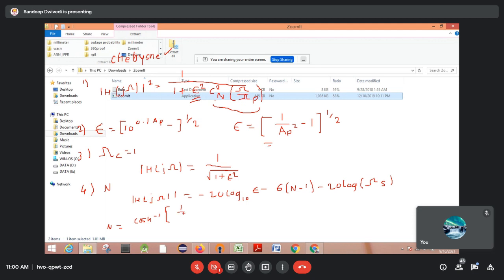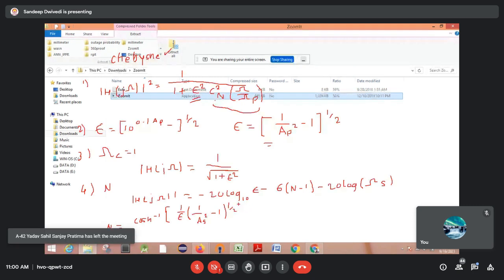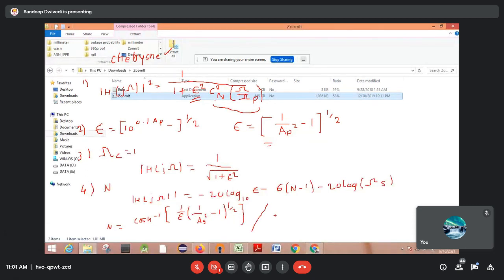1 upon epsilon, in brackets 1 upon A square minus 1, raised to half, divided by, again, cosh inverse.